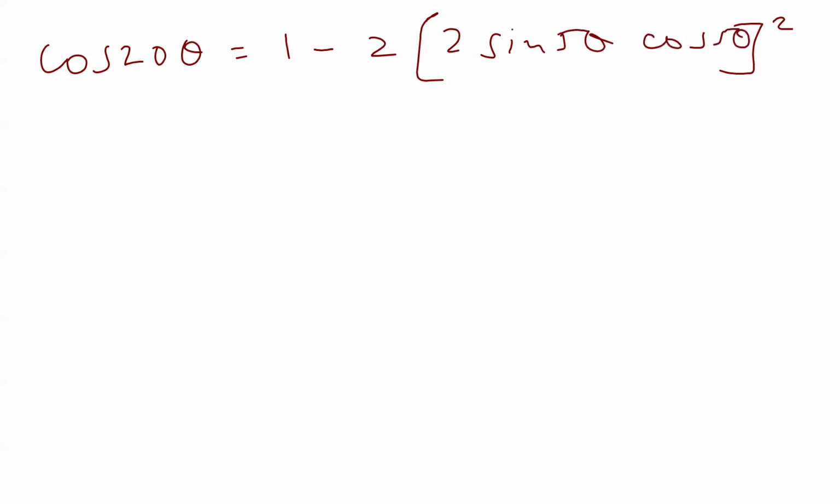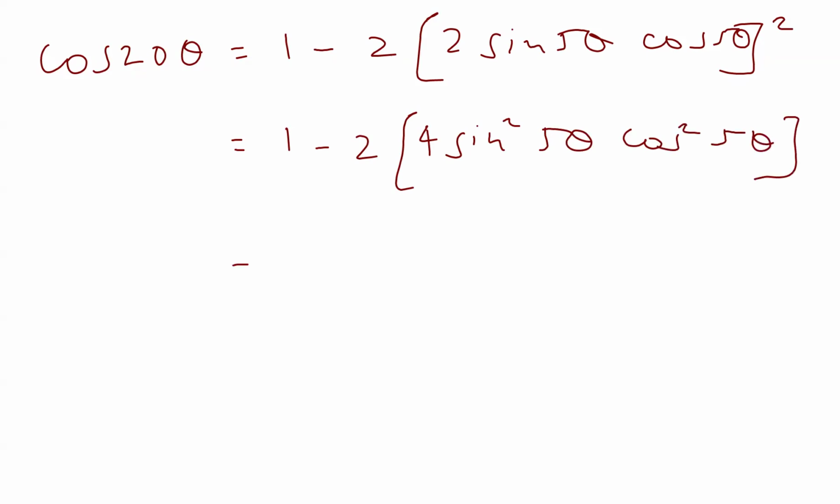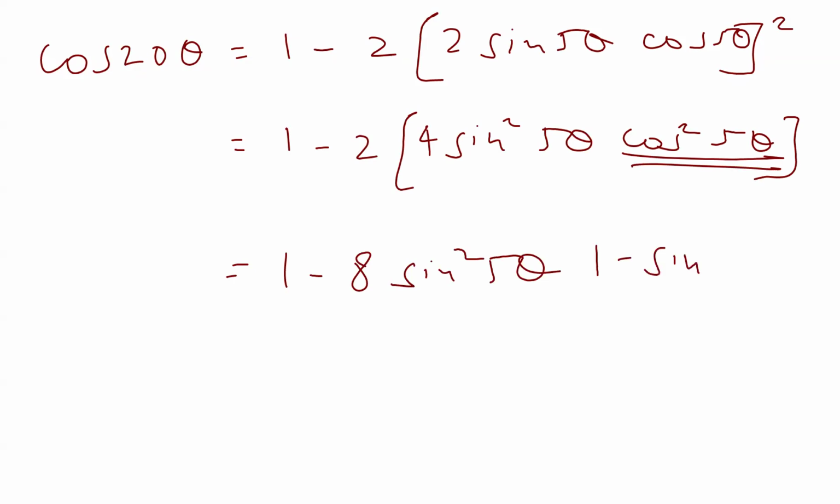Okay. So 1 minus 2 into 4 sin square phi theta cos square phi theta. So this will be 1 minus 8 into sin square phi theta, and this cos square is written as 1 minus sin square. Cos square is 1 minus sin square, by fundamental identity. It's not half angle, it's identity.